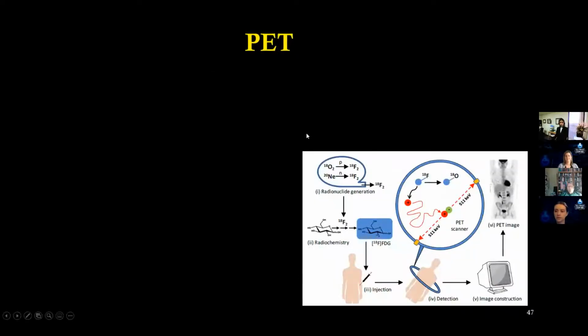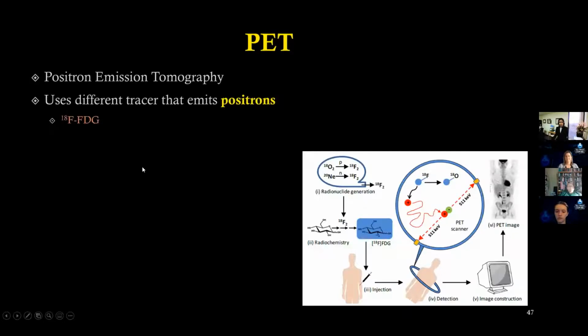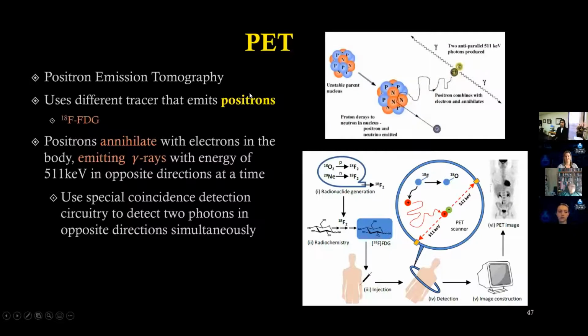Okay, so the last one under radionuclide imaging is PET. PET stands for positron emission tomography, and this uses a different radiotracer compared to SPECT. This tracer doesn't emit gamma rays, but it emits positrons. And these positrons are analogous to electrons. So what they do is they combine with the electrons in the nearby tissue, and then they annihilate, producing two gamma rays in opposite directions that are 180 degrees apart.